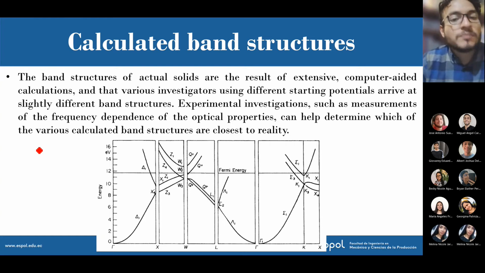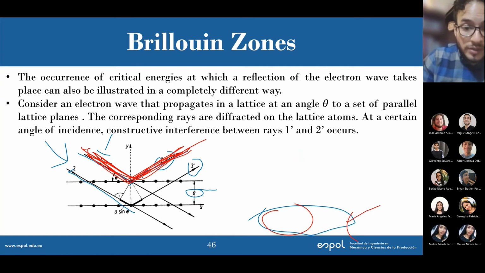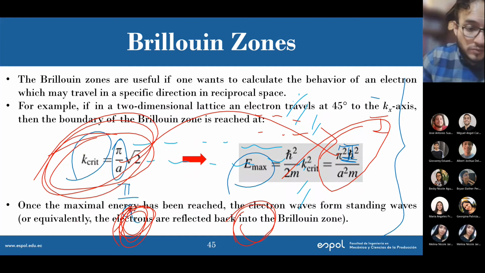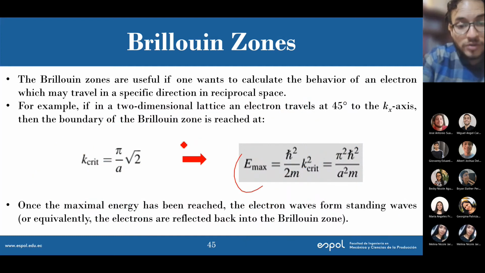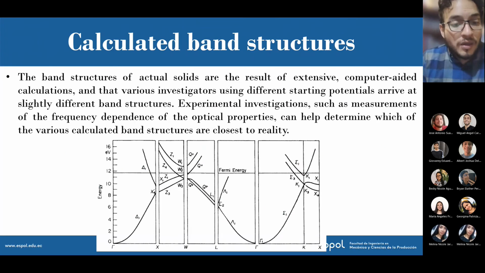So you can actually calculate that, and obviously people do that on a computer because by hand that's quite complicated. You can use all these equations that you see here for different directions. Use this K value and this energy value, this energy equation, to plot this, and you'll get something like this, for different directions.